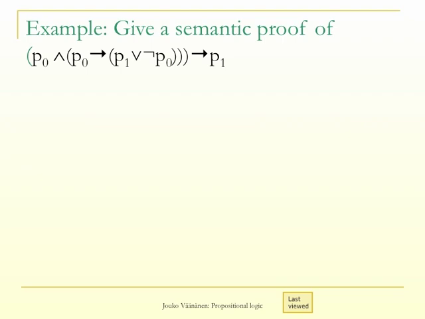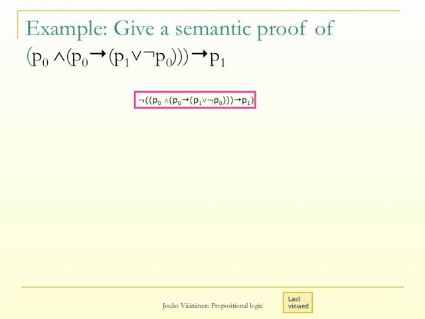Here we give a semantic proof of the formula (P0 ∧ (P0 → (P1 ∨ ¬P0))) → P1. We start with the negation of this formula.